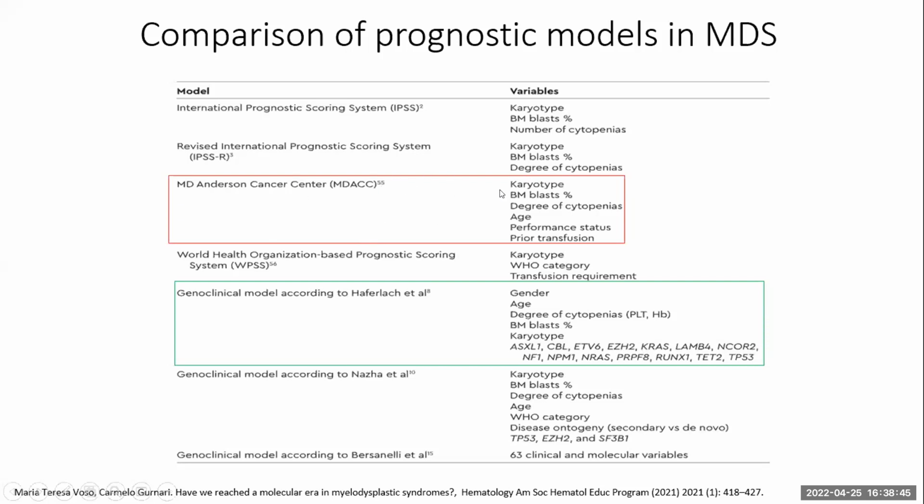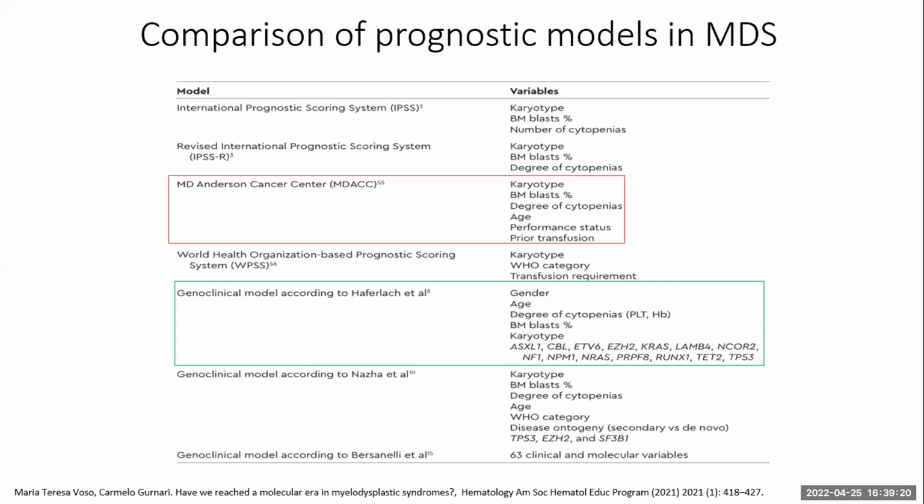It also includes karyotype, blast count, and degree of cytopenia, but it adds the age of the patient, the performance status, and also the transfusion needs of the patient. This probably gives you more information to accurately score the patient. Some people would think it's a bit more complicated and not practical, but it probably gives a better prognostication of the patient.